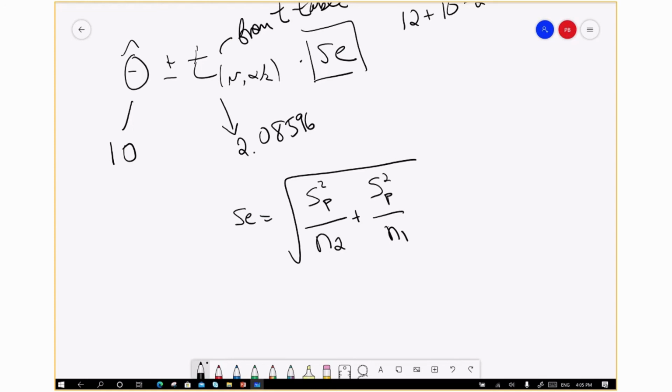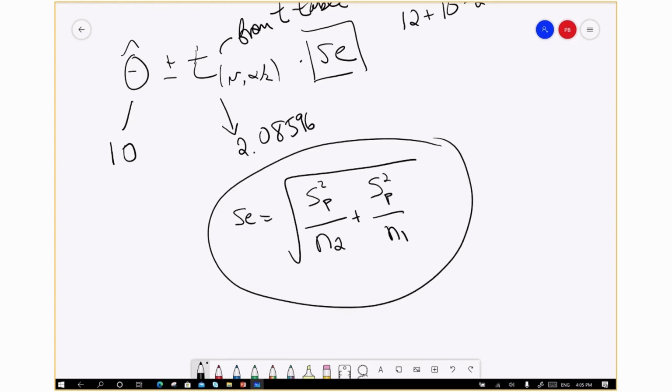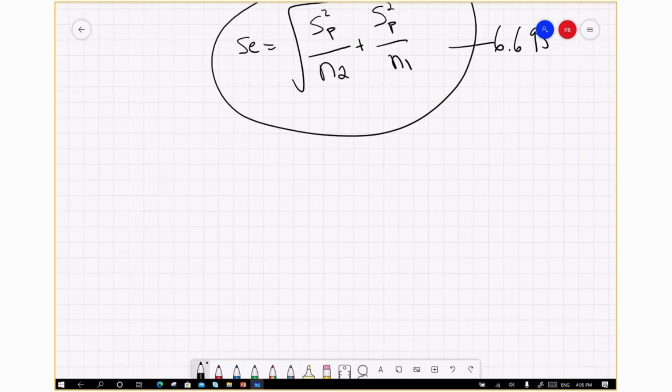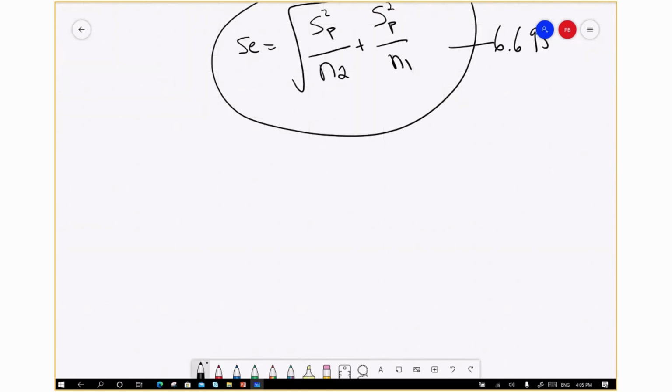And so we've gone over all these numbers. Shouldn't be that hard to calculate. When you go through it all, you get a value of 6.695, and then you calculate all that stuff, and you come up with a 95% confidence interval, which is minus 4.0 to 24.0. So that's the last section in the chapter on 95% confidence intervals.